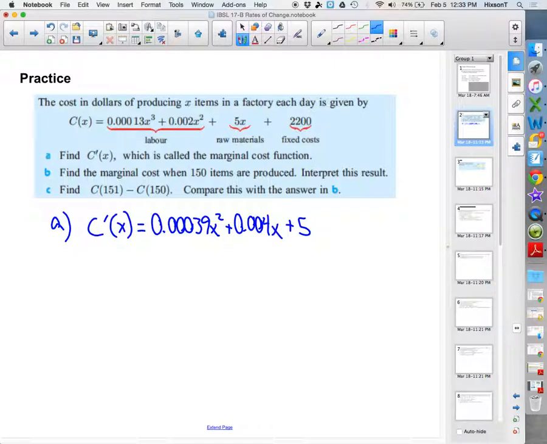Now, part B, what are they really asking us to do? Find the marginal cost when 150 items are produced. Again, 150 for x. Yeah, that's all we're doing. We're doing C prime of 150. Okay? So let's figure that out.